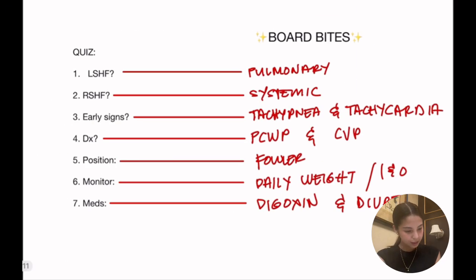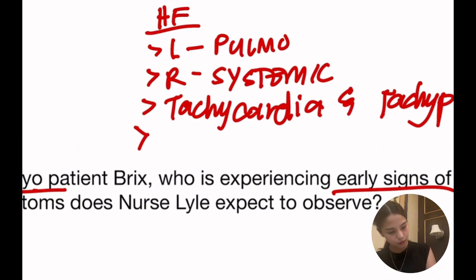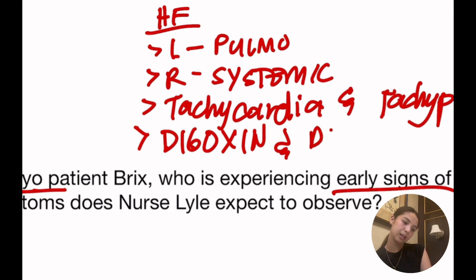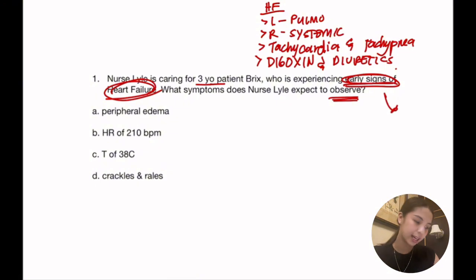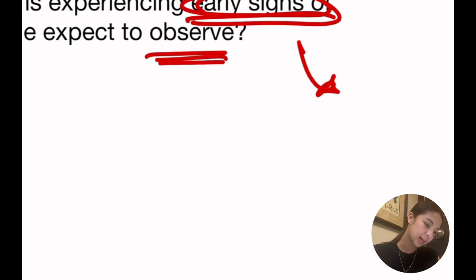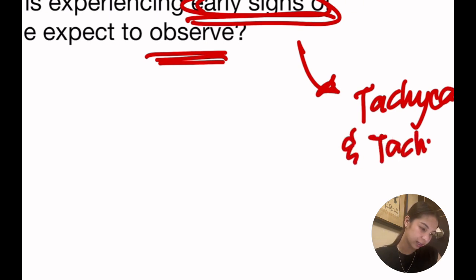What else? Yeah. We also want digoxin and diuretics. Alright. So what symptoms does Nurse Lyle expect to observe? So what are the early signs and symptoms of heart failure? Again, that is your tachycardia and tachypnea.